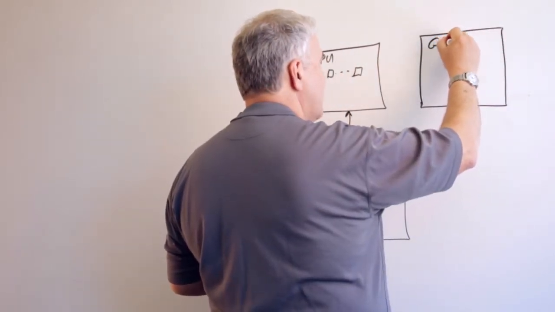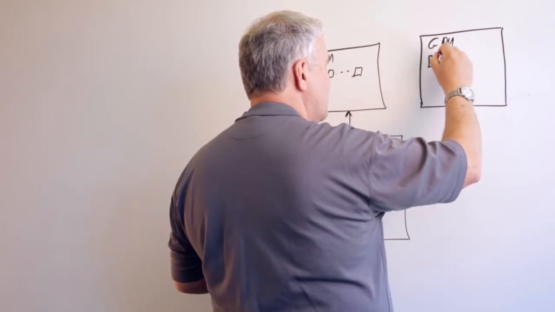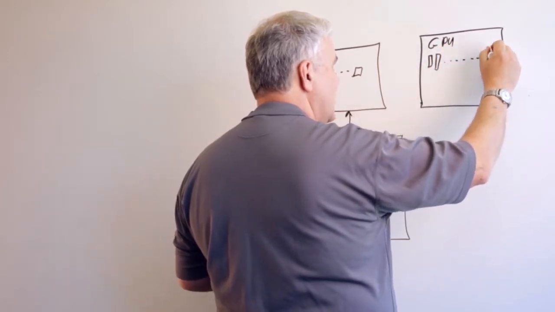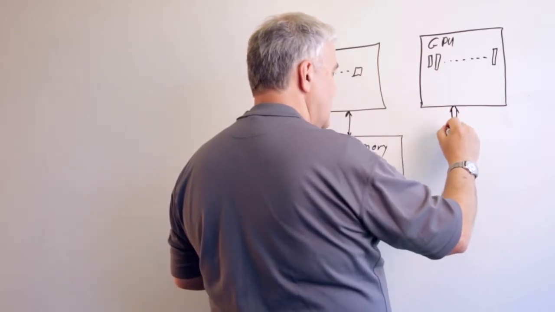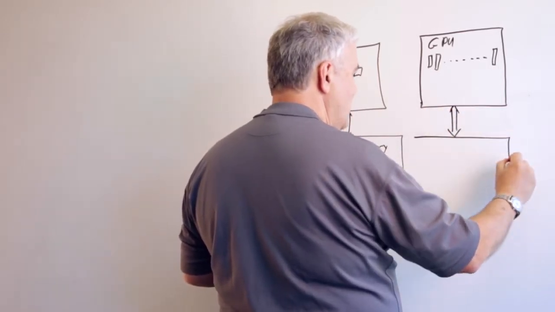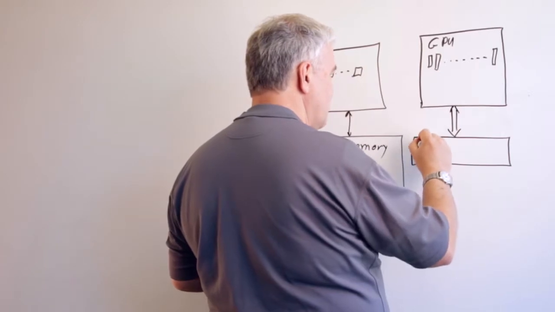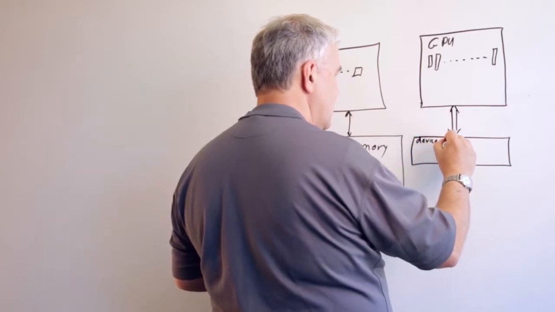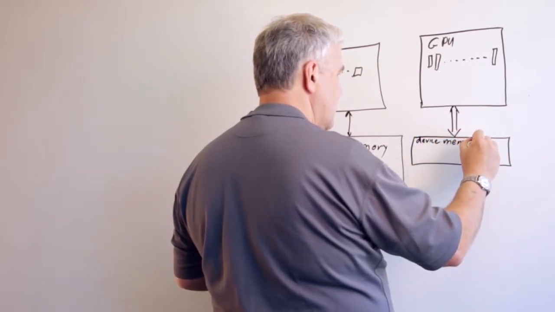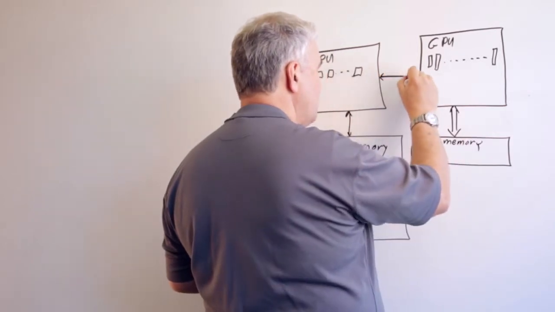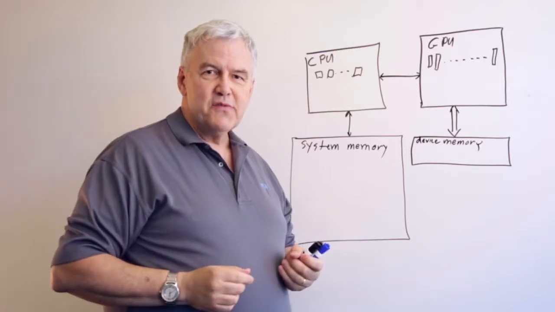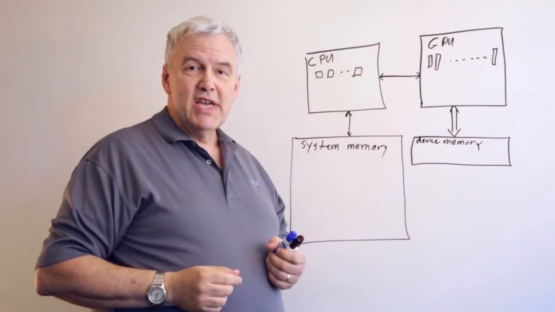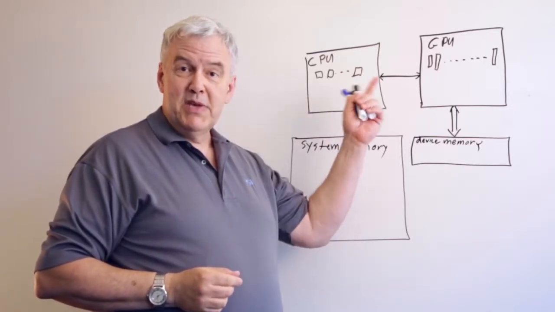I've got my highly parallel GPU with many processing elements, or SMs, however you want to call that, and a very high bandwidth but significantly smaller device memory. And a connection between the two. Today this is mostly PCI Express. On the new IBM Power 8 Plus and Power 9 systems, this might be an NVLink.